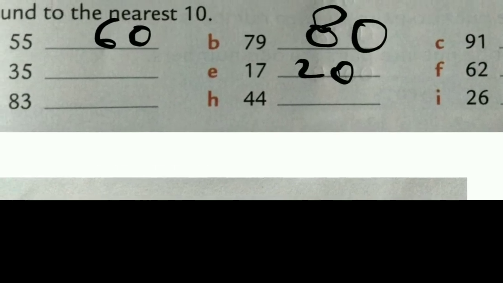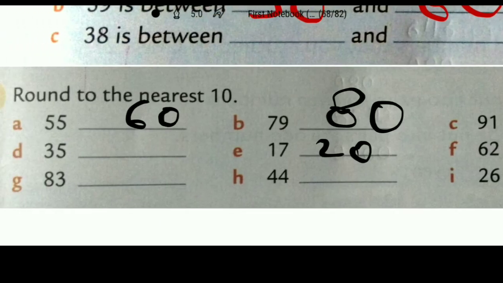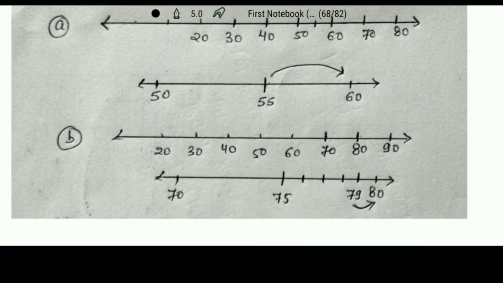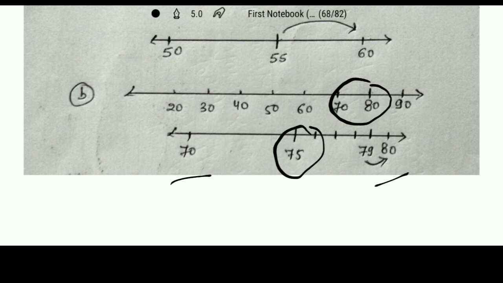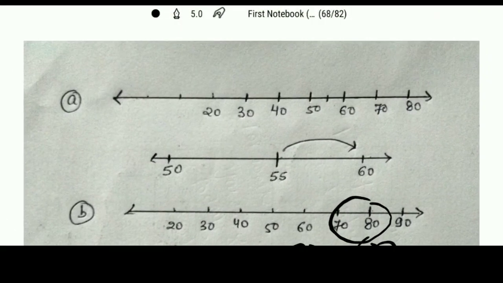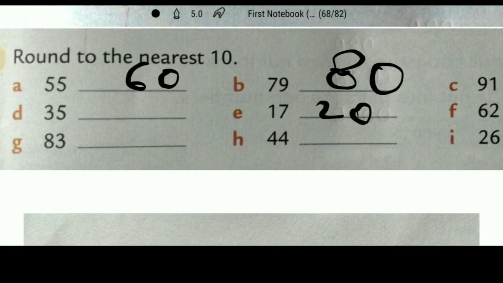So our answer is 60. 79 means, see the number line. 79 means 70 and 80. See, 70 and 80. Midway is 75. But what is your question? Your question is 79. It means it is closer to 80. Got it? Remaining questions, do it yourself.